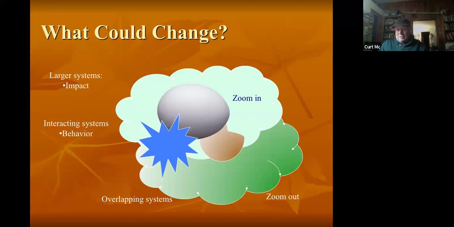Sometimes when we're using a systems lens, as they sometimes call it, we're interested in our impact on larger systems, things like climate change and environmental and human systems.